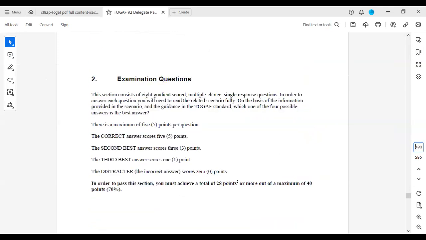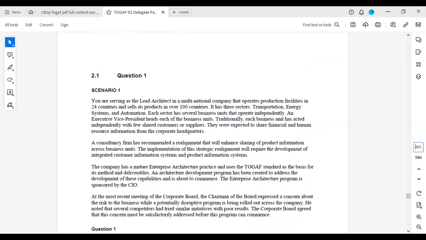A concept to enhance sharing of the product.